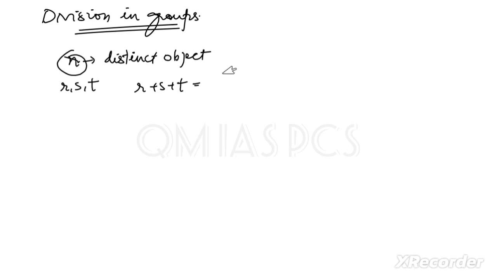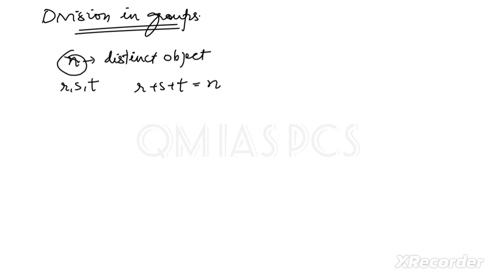Okay, this topic I have discussed a few minutes before, but right now I am discussing it again. Say there are n distinct objects, and out of these n there will be 3 groups, r, s and t, and r plus s plus t becomes n.